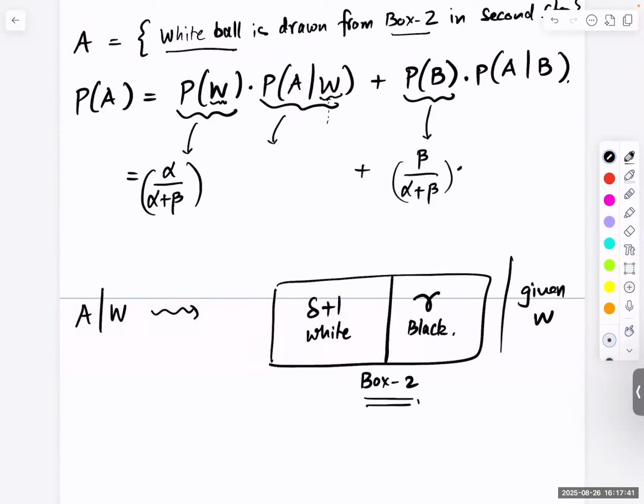So what is the probability of drawing a white ball from here? It's the number of white balls, delta plus 1, divided by the total number of balls, which is delta plus 1 plus gamma. That's this conditional probability.